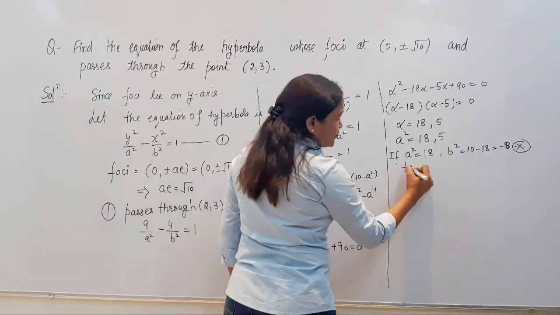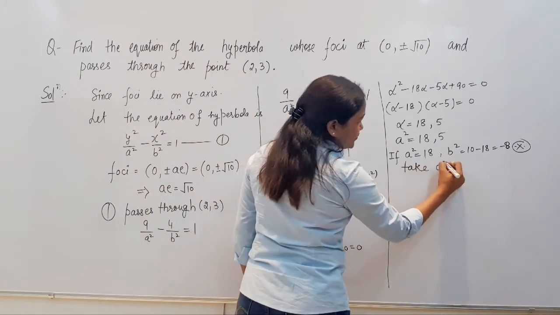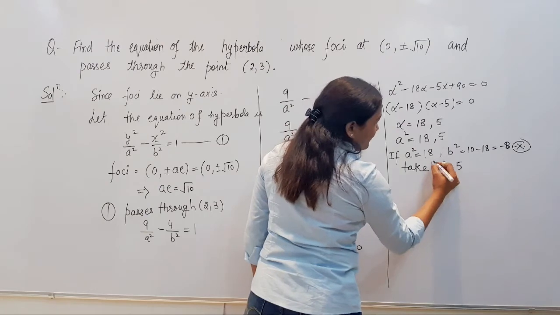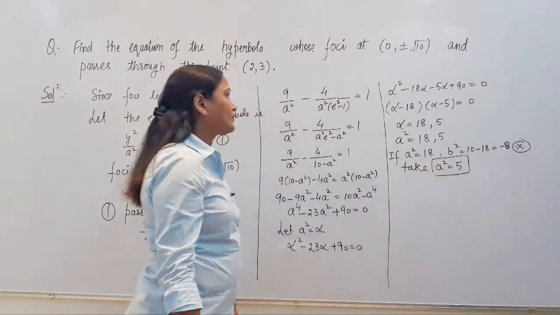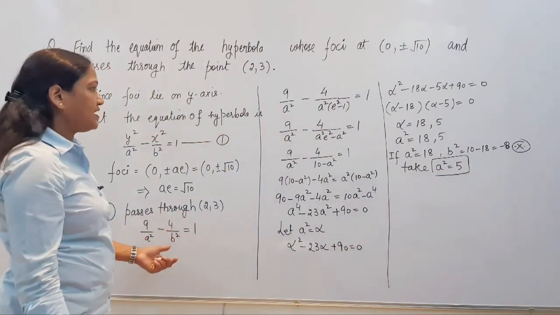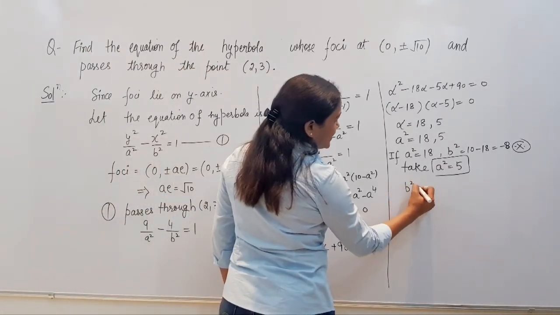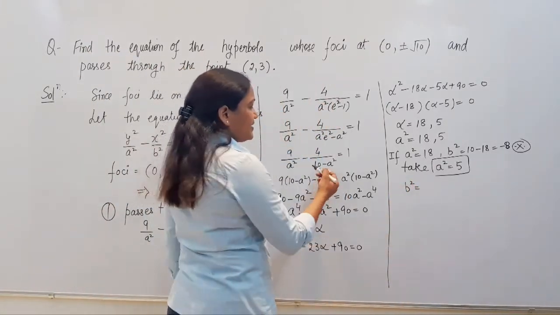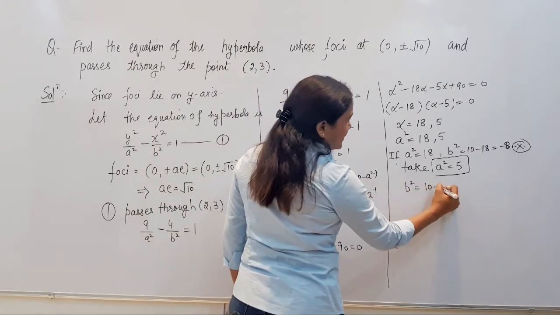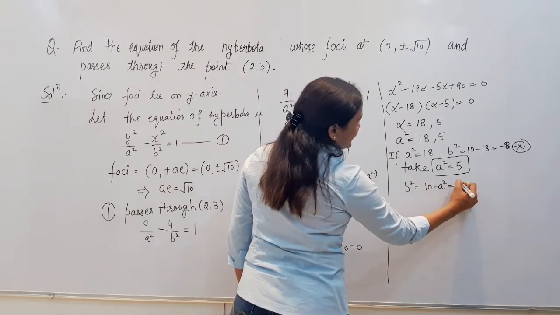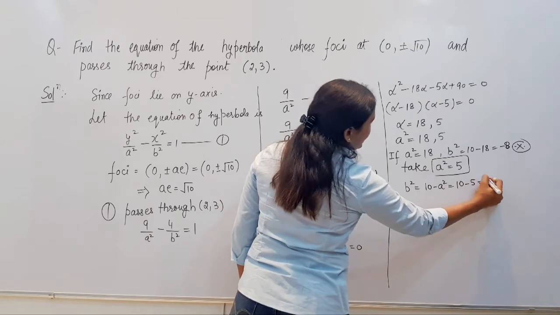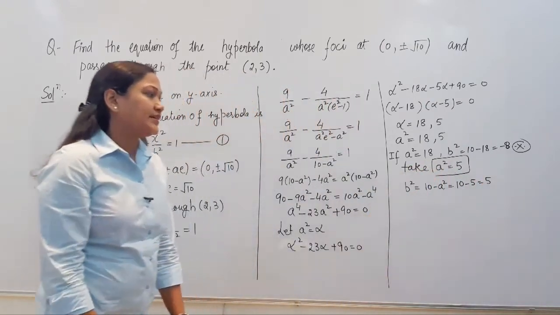So you are going to take a square is equal to 5, और b आपके सामने है. जब a square आपका 5 होगा तो b square क्या आ जाएगा? 10 minus 5, 10 minus a square, that is 10 minus 5. तो b square भी आपका 5 आ जाएगा.